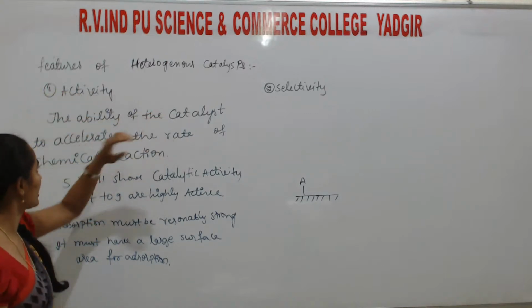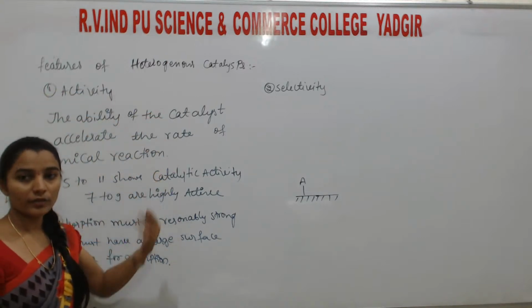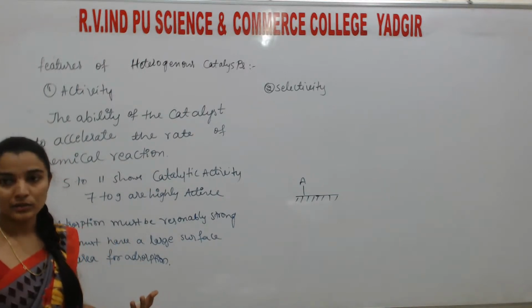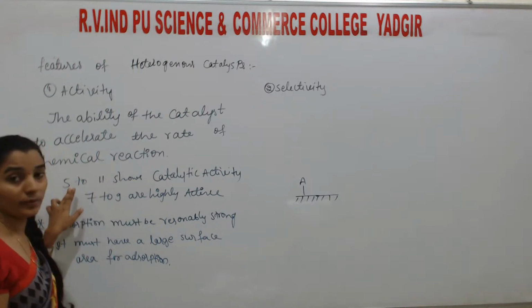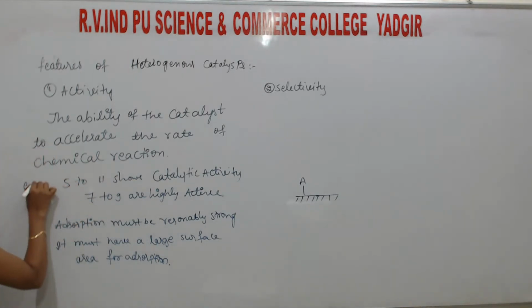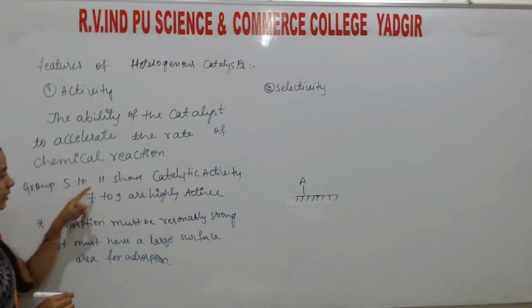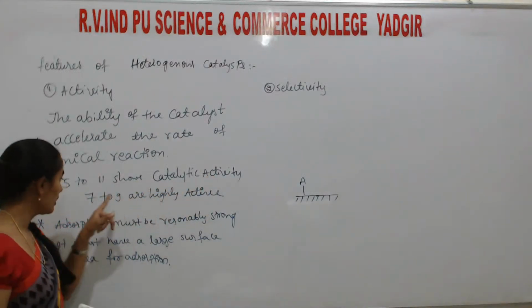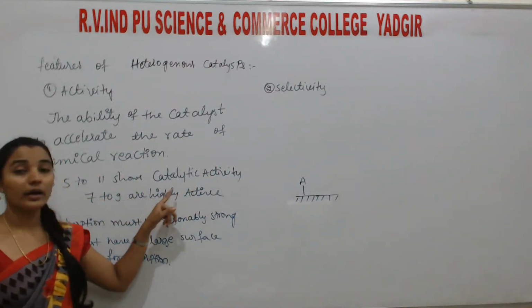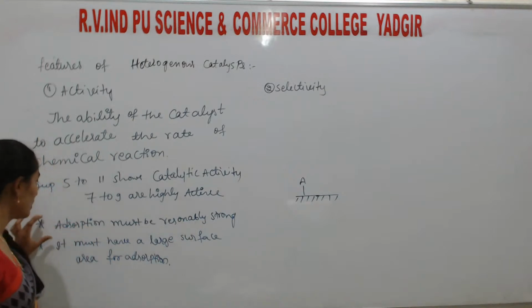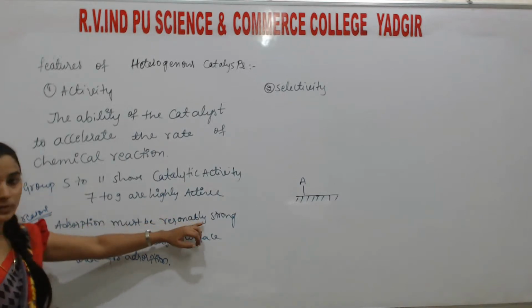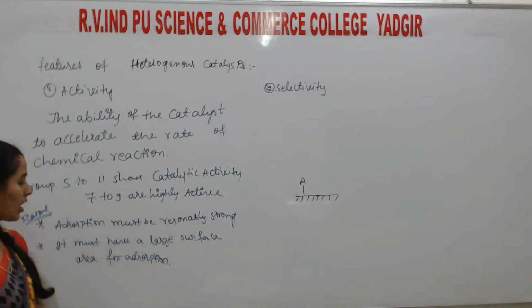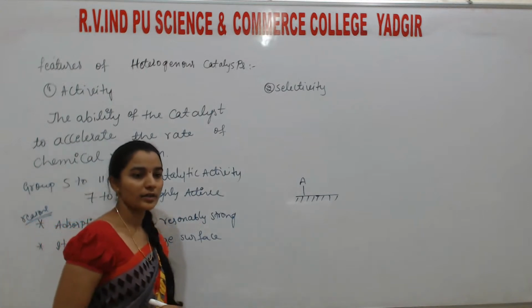The ability of the catalyst to accelerate the rate of the reaction. Active catalyst. Understand? Groups 5 to 11 show catalytic activity. In that, 7 to 9 are highly active. And the reasons for this activity are that adsorption must be reasonably strong and it must have a large surface area for adsorption.